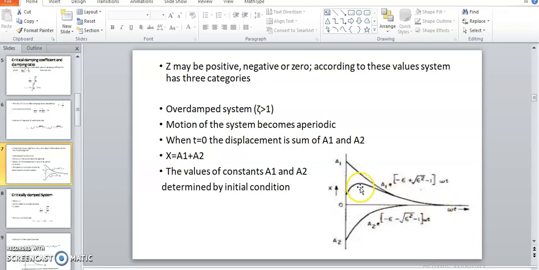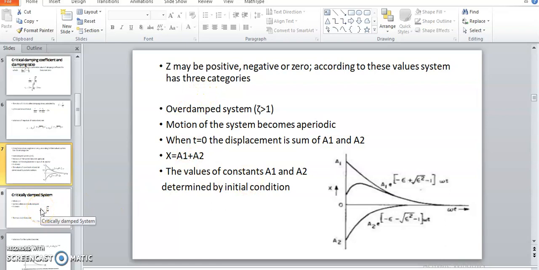The amplitude is reduced to zero. Amplitude is nothing but the maximum displacement of the oscillator motion, as we discussed in the first lecture. This amplitude is reduced to zero within a short time. This is the over-damped case.